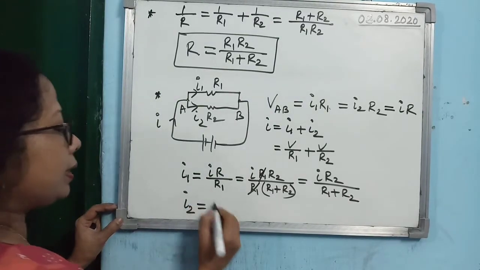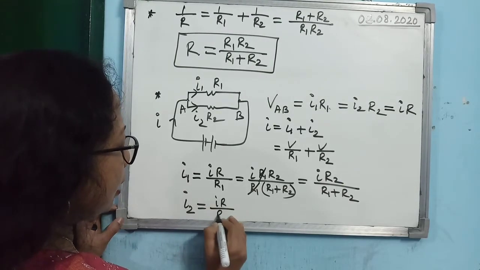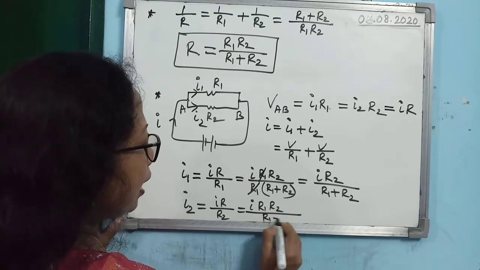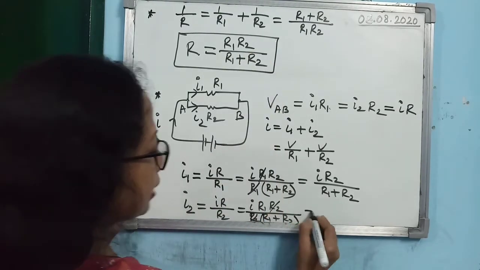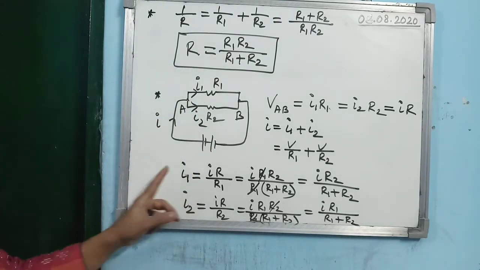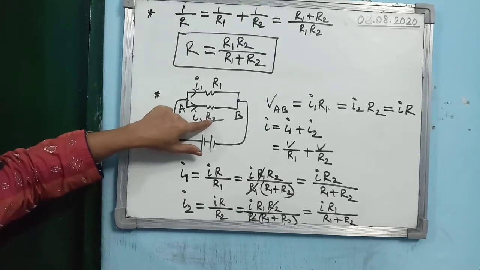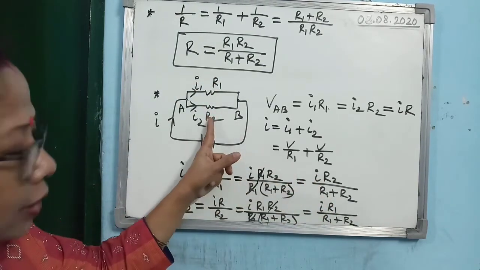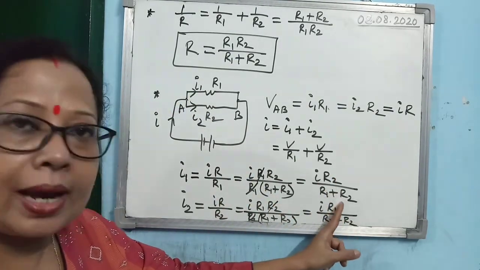Similarly, I2 you can write from this relation: I2 is equal to I into R by R2. Now what is the expression for R? R1 R2 divided by R1 plus R2, and R2 is there, so R2 cancels. What relation are you getting? I R1 by R1 plus R2. Look at the two expressions. How do we get I1? I1 is the total current into R2, not the resistance in that branch but the resistance in the other branch, divided by R1 plus R2.